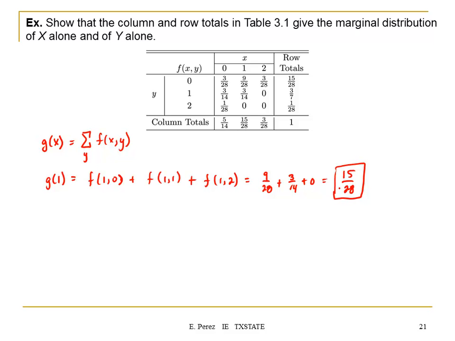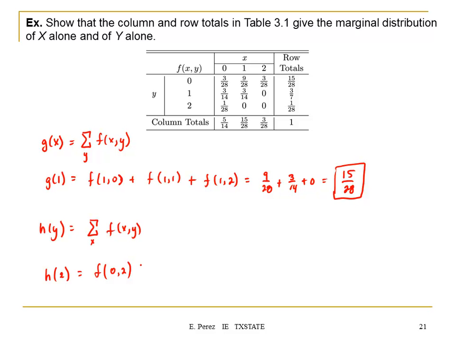Now, if you want to find h of y, this is the summation with respect to x of the joint. Let's say I want to compute h of 2. What are the outcomes that you need to consider in terms of f? You need f of 0, 2. Again, you're summing with respect to x, so you're expecting to see this number incrementing.